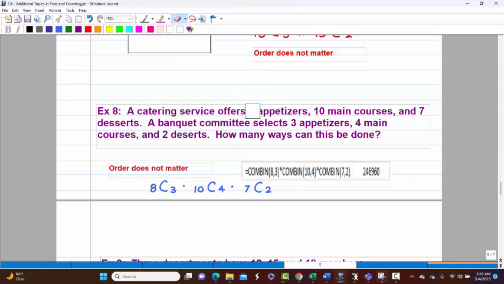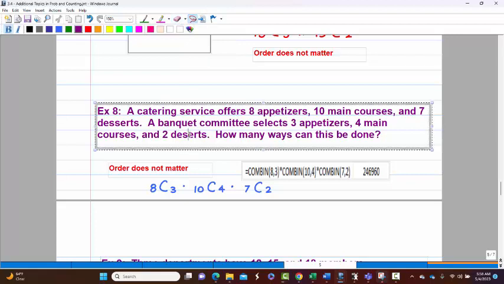So a catering service has 8 appetizers, 10 main courses, and 7 desserts. A banquet committee selects 3 appetizers out of the 8, 4 main courses out of the 10, and 2 desserts out of 7 desserts. No big deal, but that bugs me because desserts is spelled correctly here, and what I had was deserts.